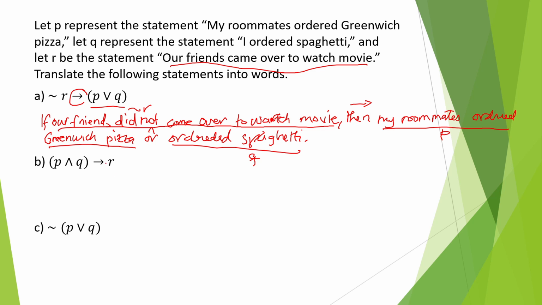So therefore we have here if, the grouping of this one is P: if my roommates ordered Greenwich pizza, and what is our Q?